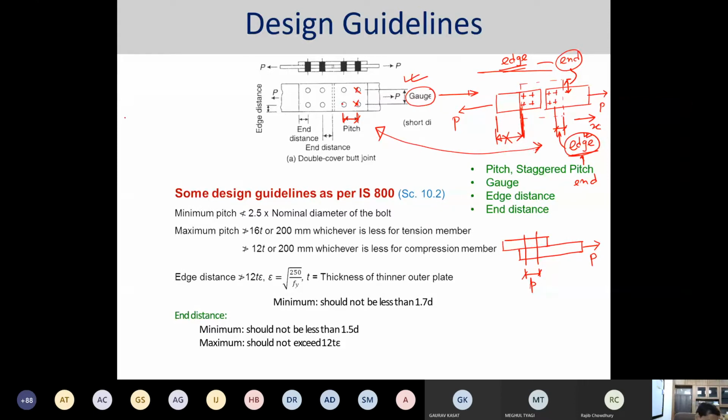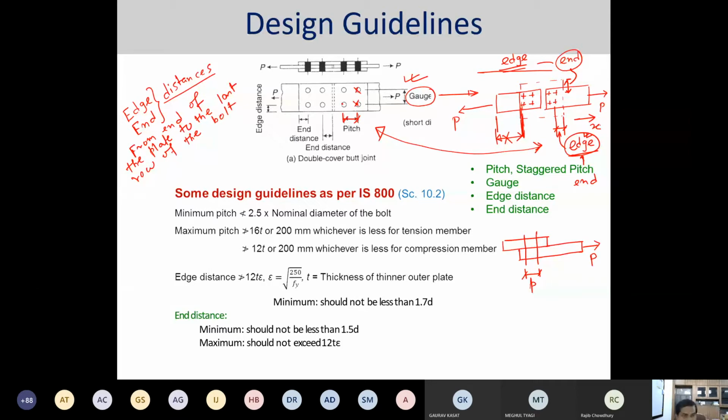But in general, the edge distance and the end distance are the two distances from the end of the connected plate to the last row of the bolt.